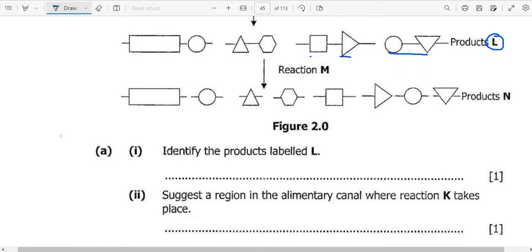So this one is an amino acid, and this one too, meaning that the two will make what we call a peptide. So a peptide is the combination of two amino acids. Okay.